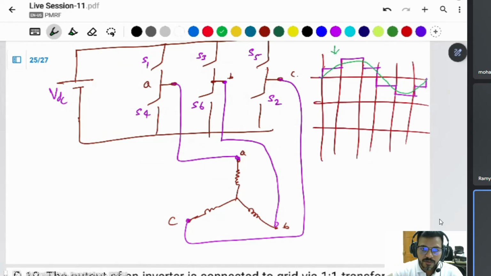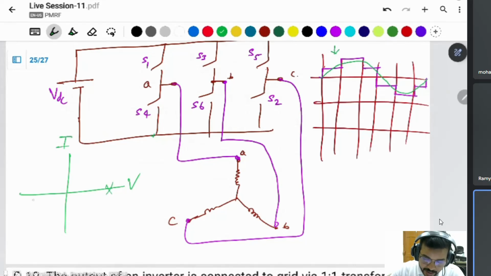It is your choice to operate the switches according to your desire. It means the switches must definitely have a blocking capability. Suppose there is no blocking capability in the switches, then all switches could operate at the same time, because positive is connected here and negative here. That's why it should block the voltages at least one sided.